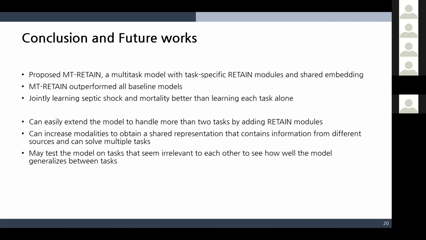While we trained the model on two closely related tasks and saw improvement in predictive performance, we could also test MT Retain on seemingly unrelated tasks to see how generalizable the model is.